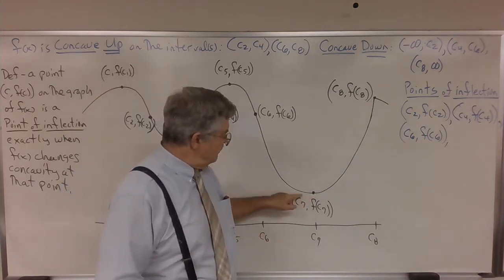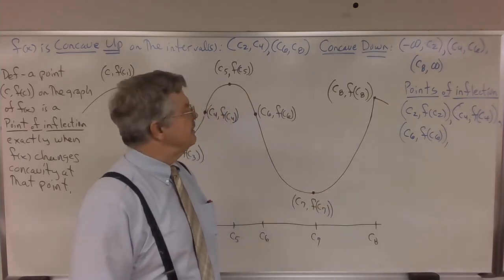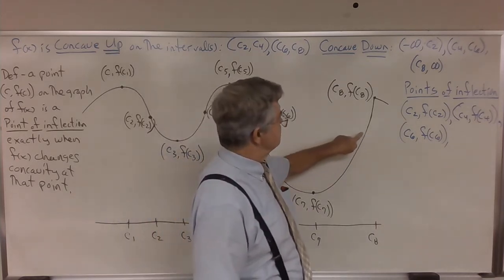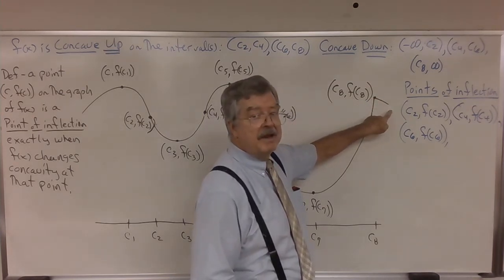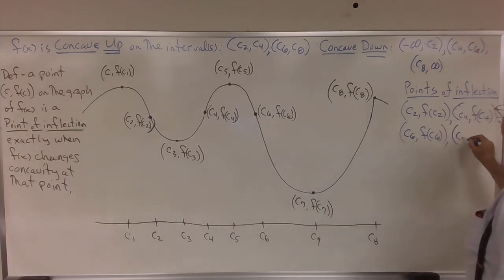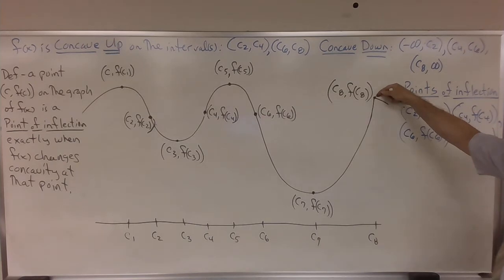Let's see, this point, concave up here, no change in concavity. Now, what about this point? Concave up here, concave down there, point of inflection. Well, this is a very interesting point. It doesn't happen very often. At this point, we have a relative maximum. It's also a point of inflection where the graph changes concavity.